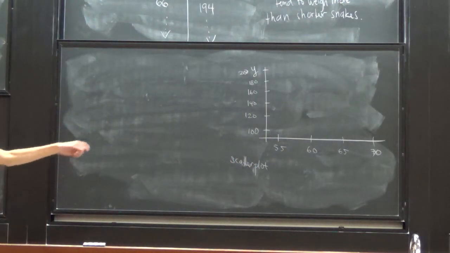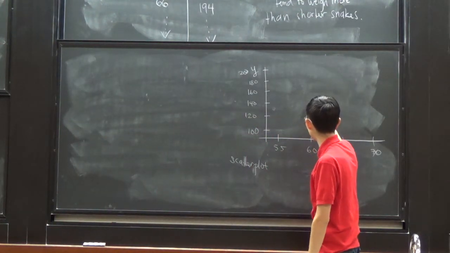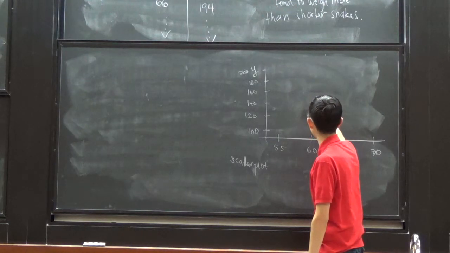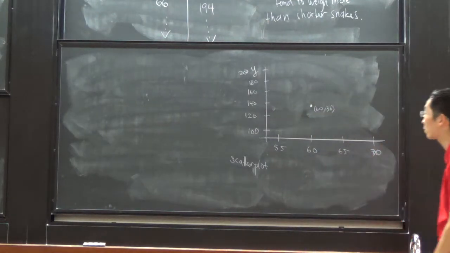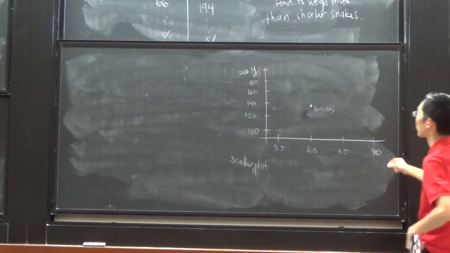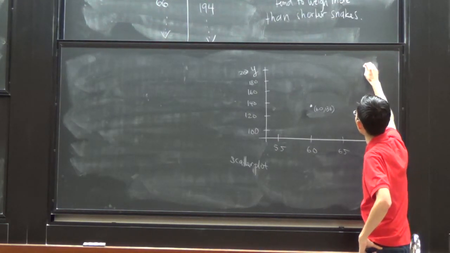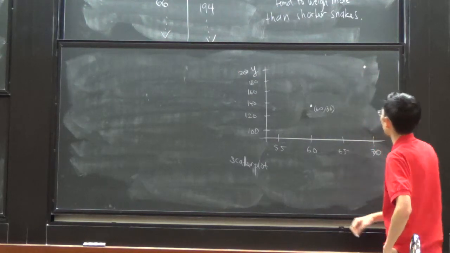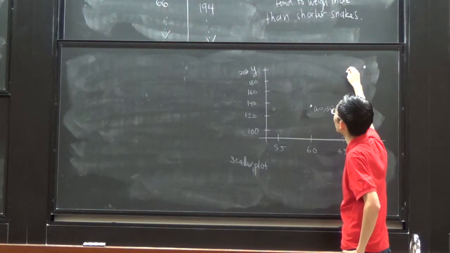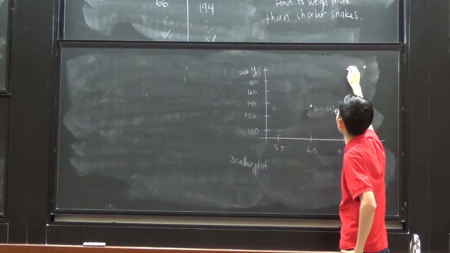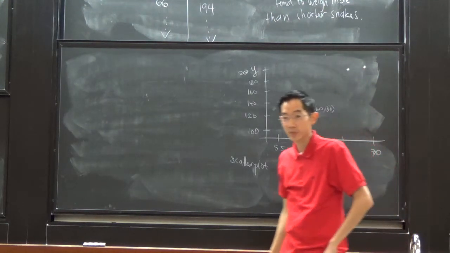So that first snake, which is 60 centimeters long and weighs 136 grams, would have a dot somewhere around here. So we're just plotting these as coordinate pairs. We have another snake that's 69 centimeters and weighs 198 grams. So that snake would have a dot somewhere around there. And then we have a snake that's 66 centimeters and weighs 194 grams. So it probably has a dot somewhere around there.